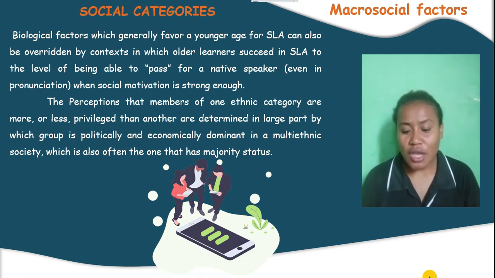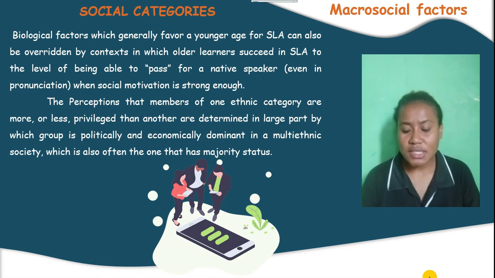Biological factors, which generally favor younger age for SLA, can also be overridden by contexts in which older learners succeed in SLA to the level of being able to pass for a native speaker, even in pronunciation, when social motivation is strong enough.